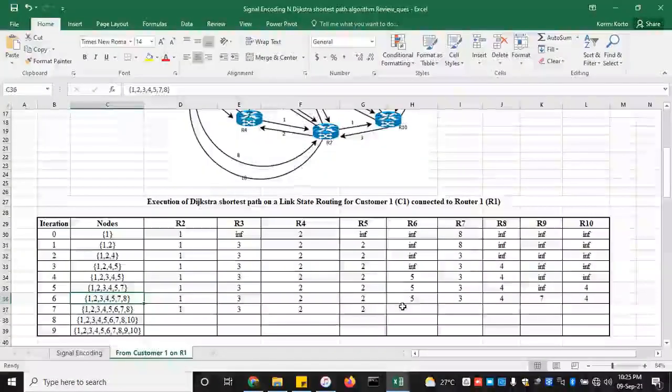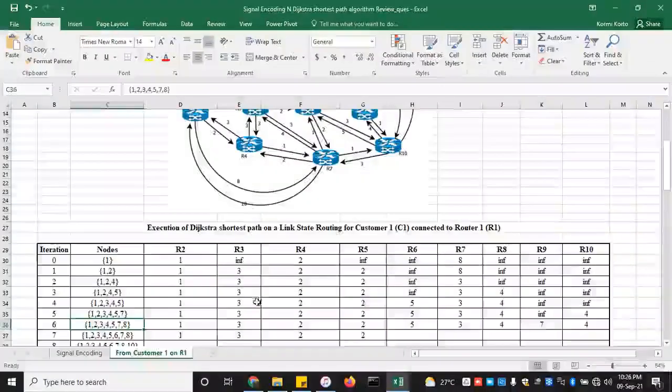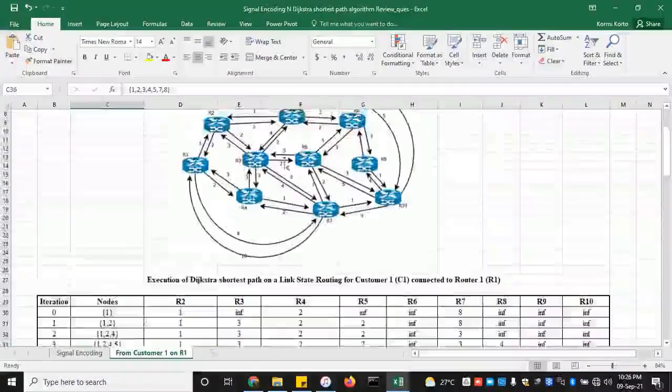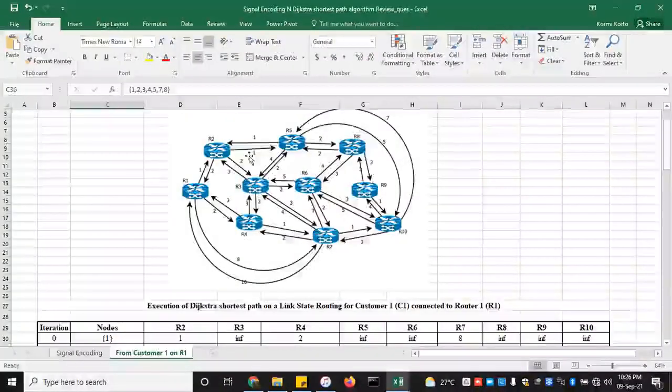I think it should have decreased. Going to 6 should decrease now, thanks to the fact that you have 7 and 8. Yes, it should decrease. So it was 1 plus 1 plus 2, which is 4. 4 plus 3 is 7.